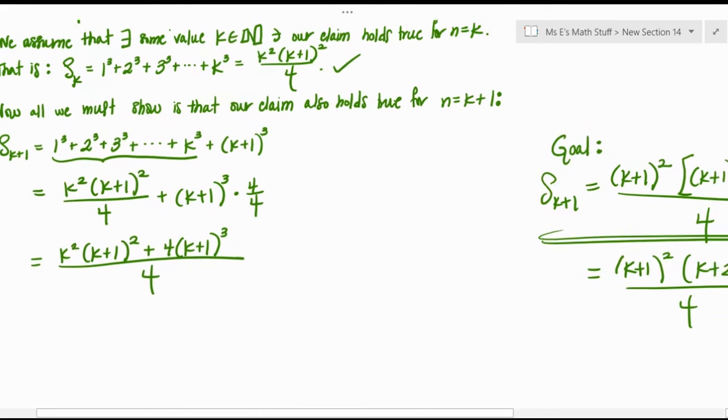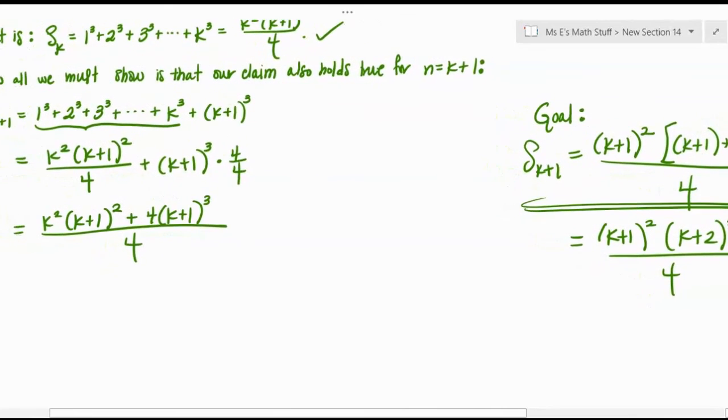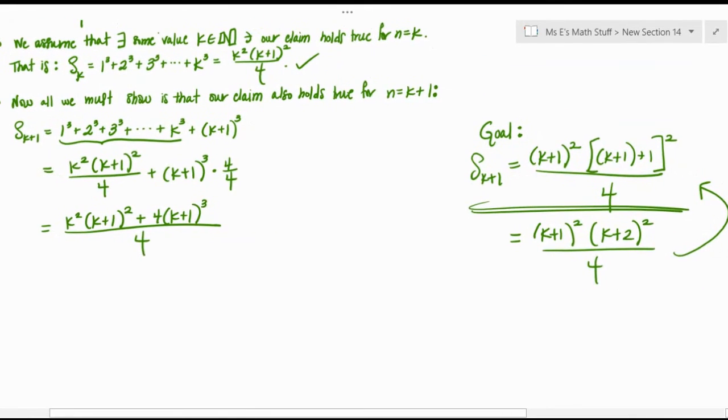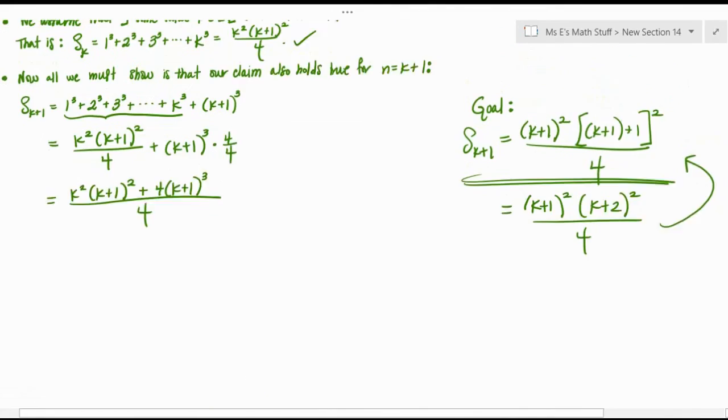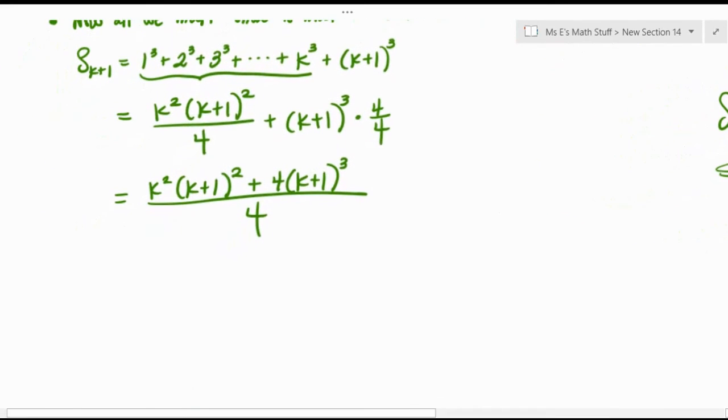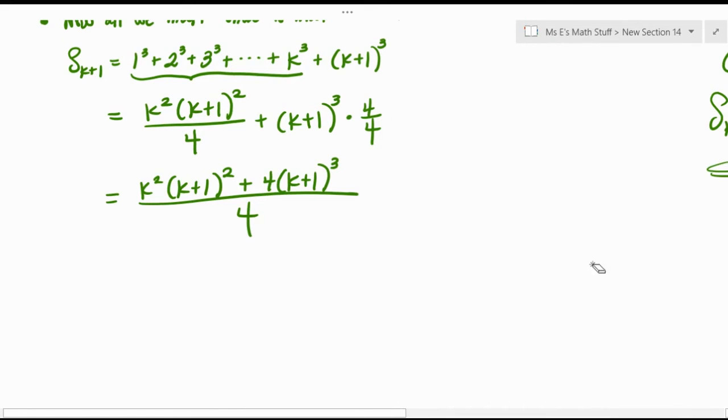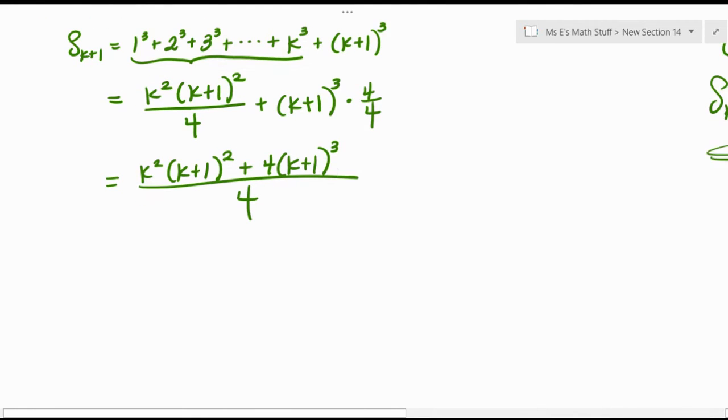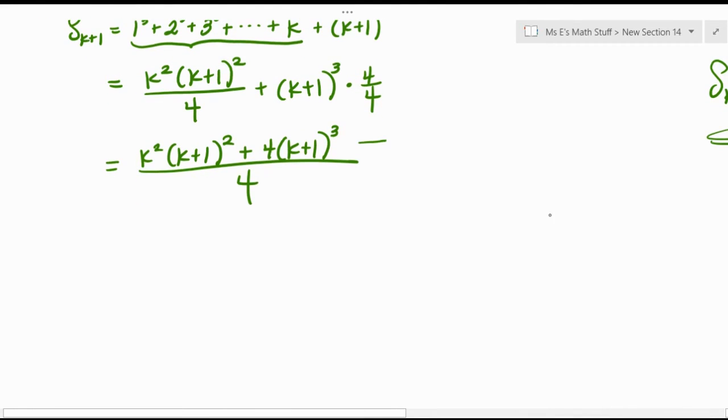Now let's take a moment and use this little scratch work off to the side, kind of look at where we're at and look at where we want to go, okay? There's a common mistake here, is that students want to expand this top part out all the way and then refactor it. But I want everybody to make sure you notice that the numerator here has a common factor already.